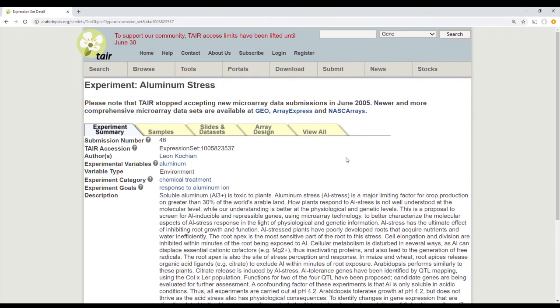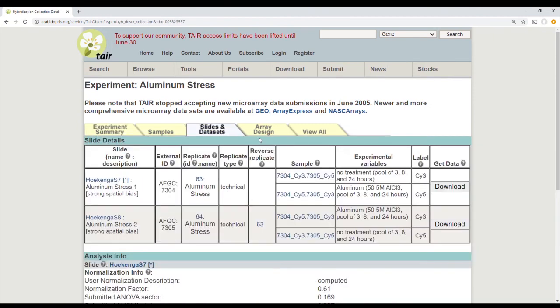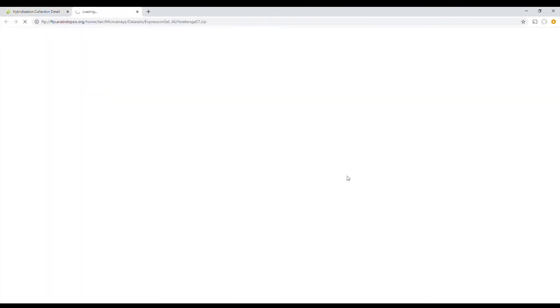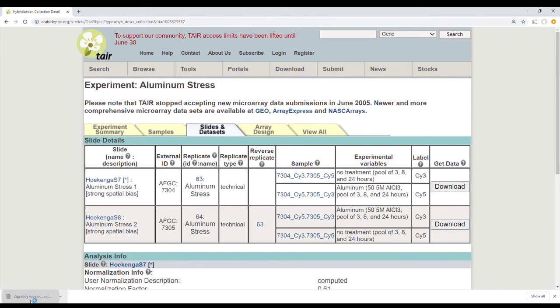I'm going to go back to my aluminum stress treatment, slides and data sets. I opened the wrong file. I'm going to download this again, open this. I'm looking at my tear file, close. Okay, so I've got, just going to clean this up a little bit.